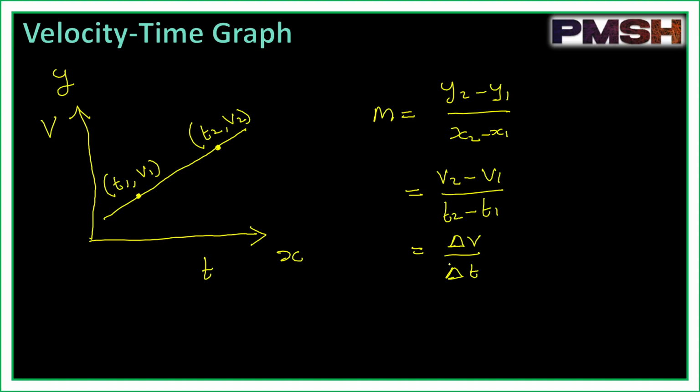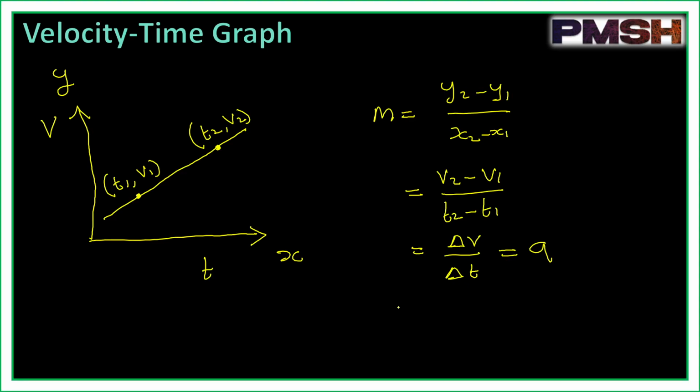So actually it is change in velocity with respect to time. I have already told you what acceleration is, when we discussed uniform and non-uniform motion. Acceleration is change in velocity. So delta v by delta t is nothing but acceleration.